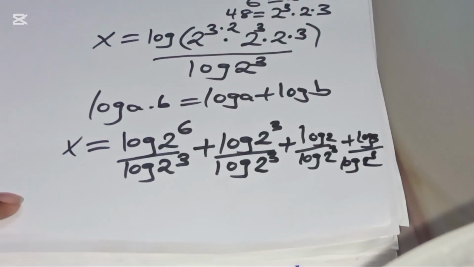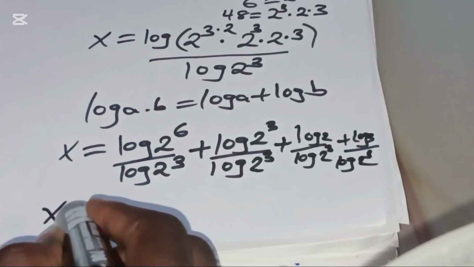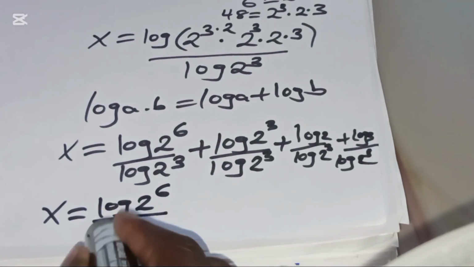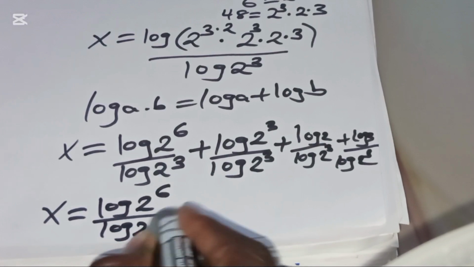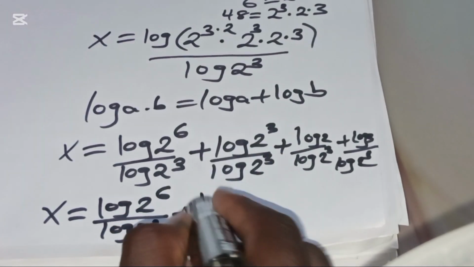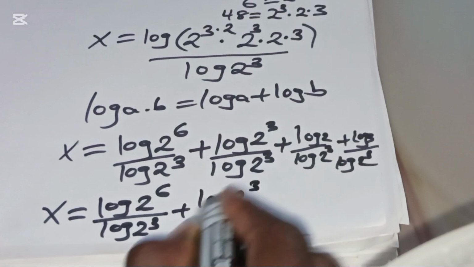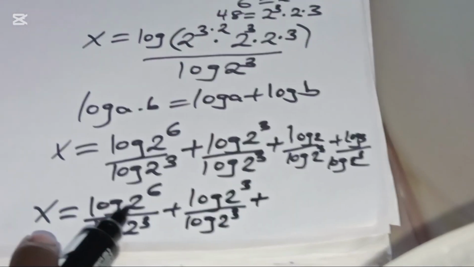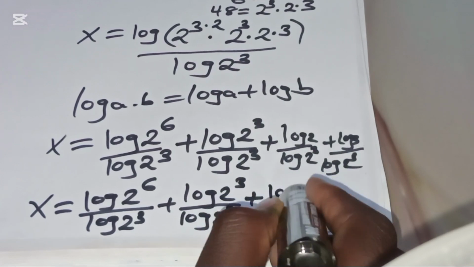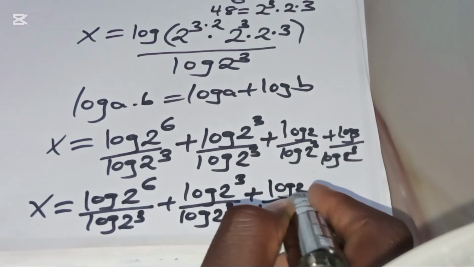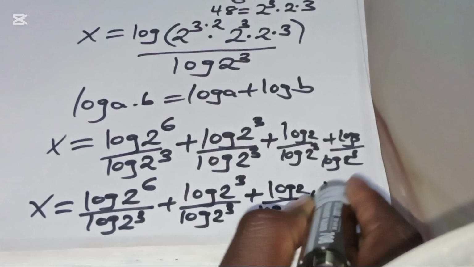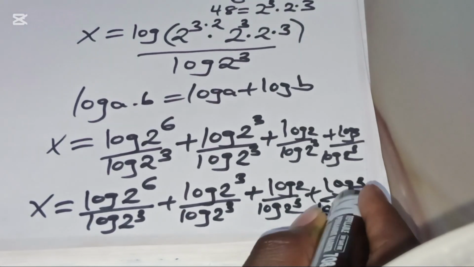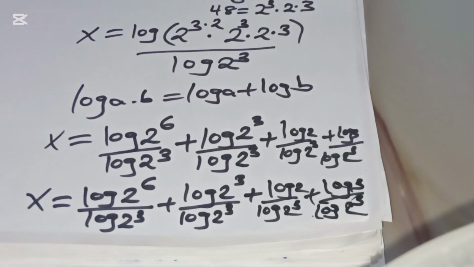So I can write this nicely as log 2 to the power 6 divided by log 2 to the power 3, plus log 2 to the power 3 divided by log 2 to the power 3, plus log 2 divided by log 2 to the power 3, and lastly log 3 divided by log 2 to the power 3.